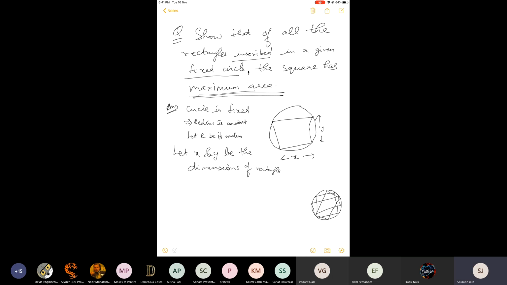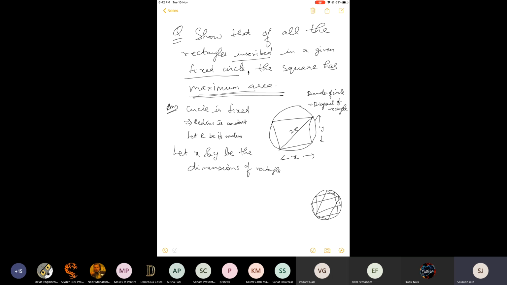From the geometry, we can see that whenever a rectangle is inscribed in a circle, the diameter of the circle will be equal to the diagonal of the rectangle. That is obvious from geometry or symmetry also. So that is why I'm writing 2R here.